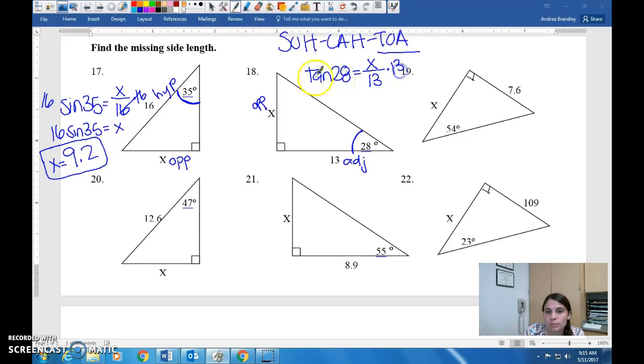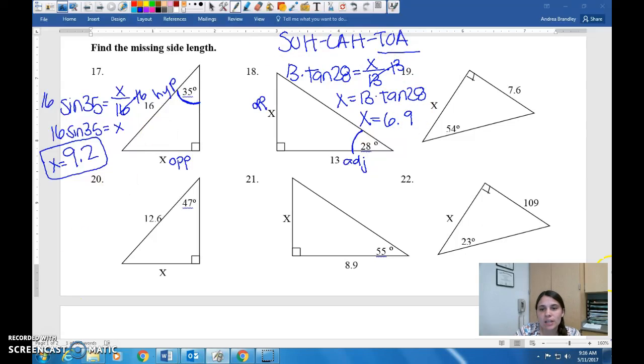So then I can multiply by 13 on both sides, and my 13s cancel. So x equals 13 times the tangent of 28. And if I enter that in my calculator, 13 times tangent of 28 equals about 6.9. So in this triangle, x is about 6.9.